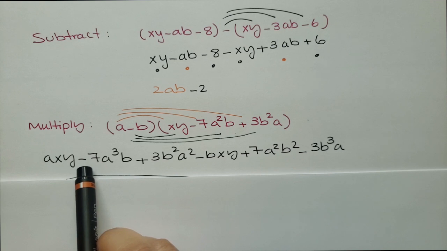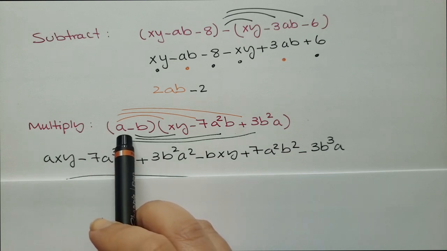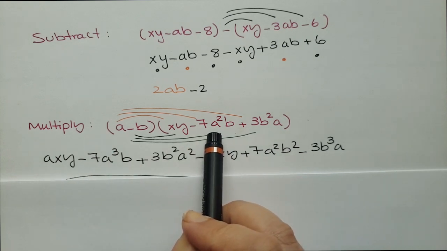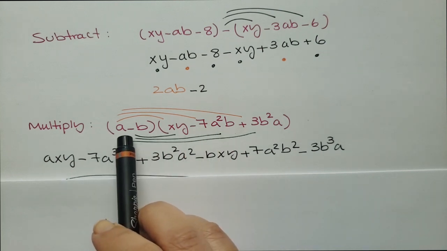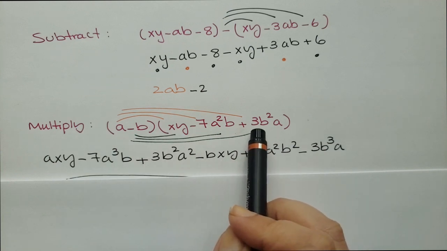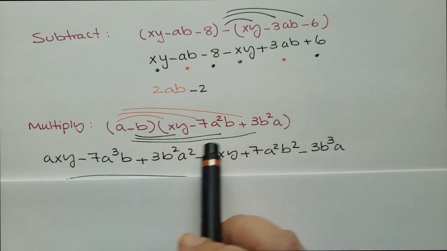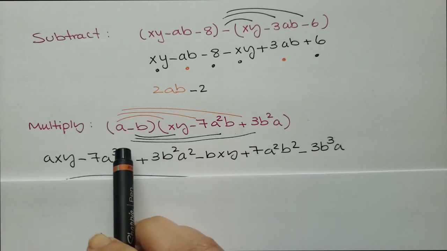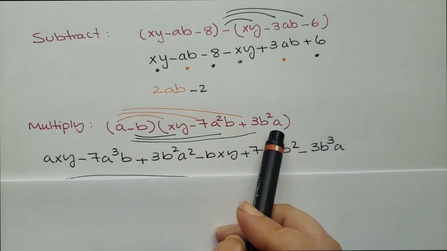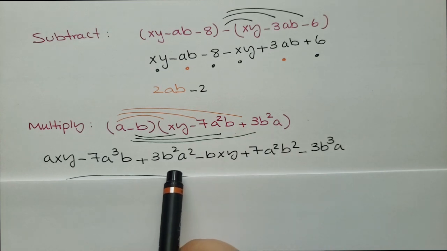The second one would be a multiplied by this term. So the coefficient negative 7, but a will be multiplied by a squared, turns into a cubed, and then b. A times 3b squared a, it turned into 3b squared, but the a will be multiplied by the a, so the exponent would be 2.